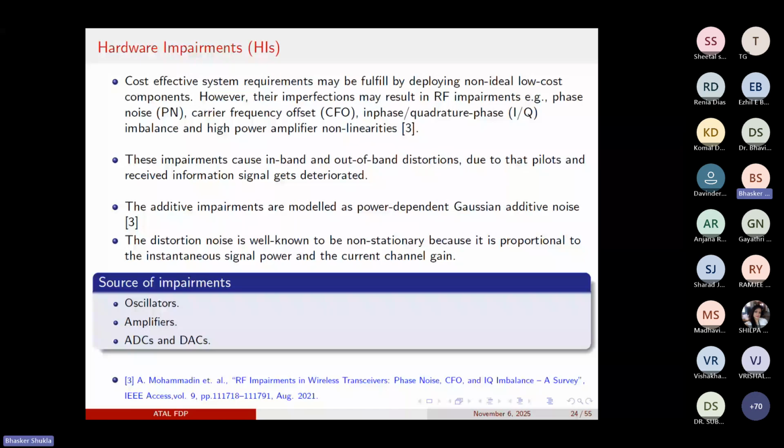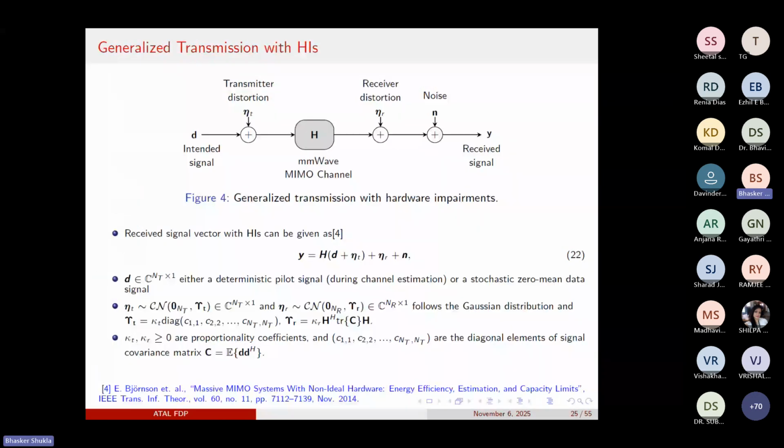The hardware impairment basically occurs due to the power amplifiers and local oscillators, and due to this hardware impairment, a distortion occurs at the transmitter, meaning there is a distortion in the pilot signal.